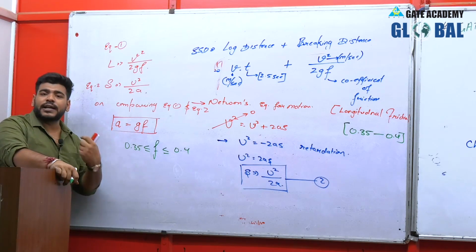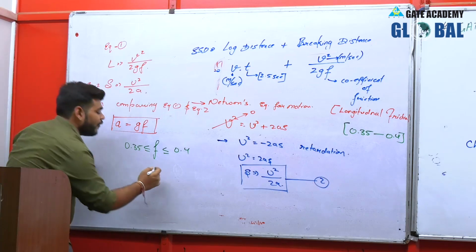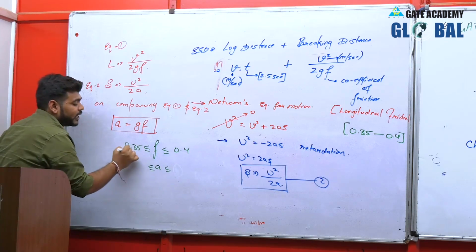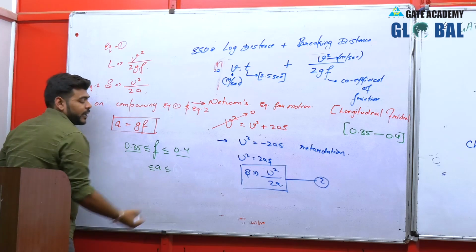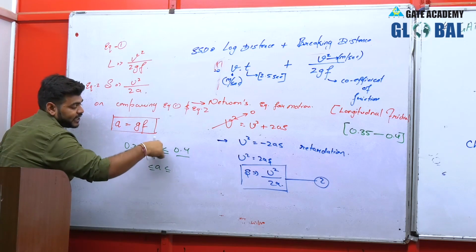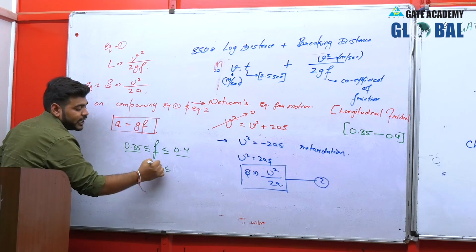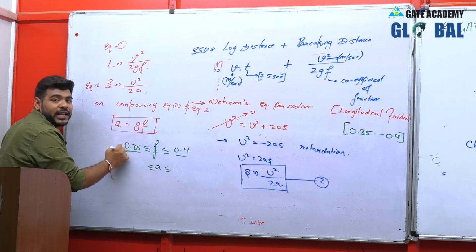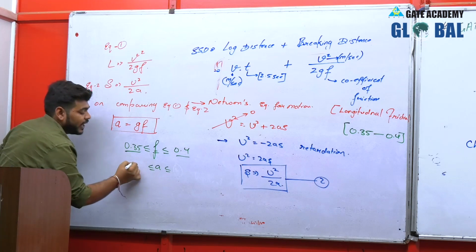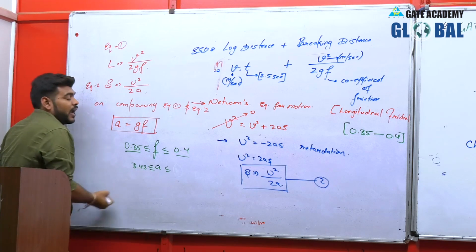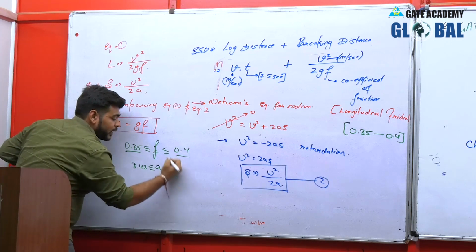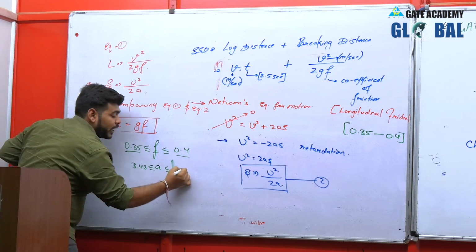We can calculate it very easily. We multiply g in all of them, so f times g gives a. Multiplying g = 9.81 by 0.35 gives 3.43, and multiplying 9.81 by 0.4 gives 3.93.